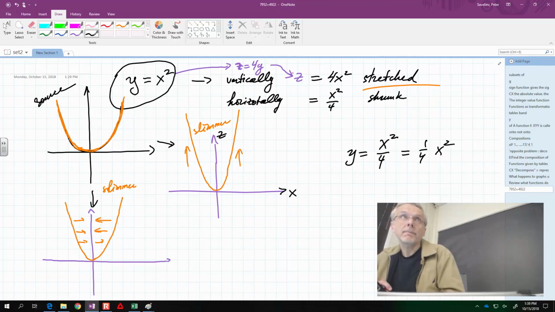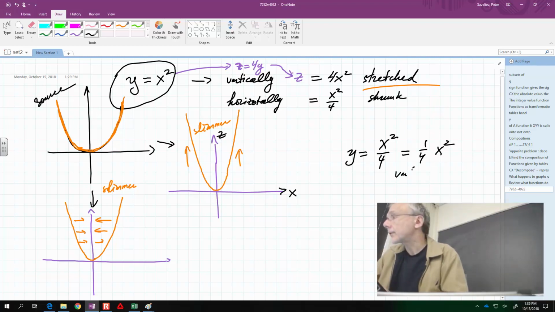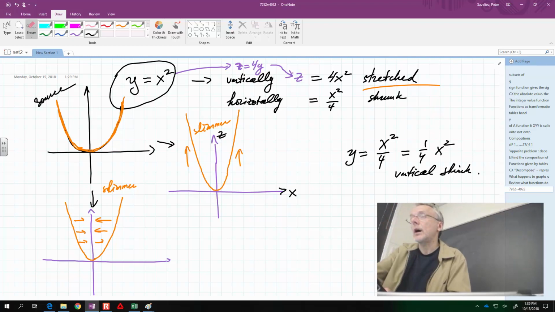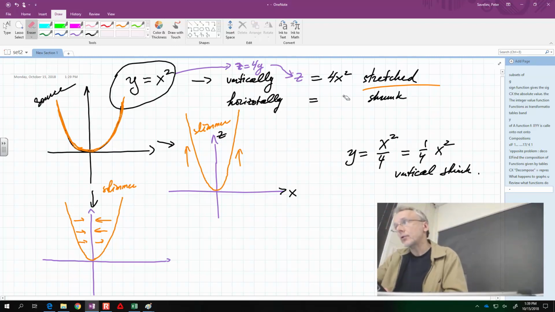Yep. The vertical shrink, yes. So that's not what we want. A vertical shrink is not what we want, because we already have a vertical stretch. So we want to accomplish the same result, but with something that is horizontal.